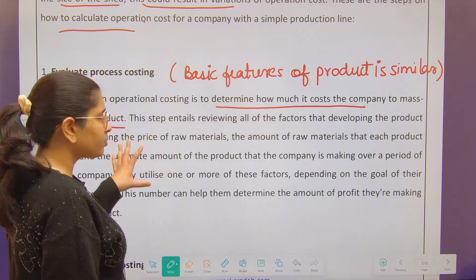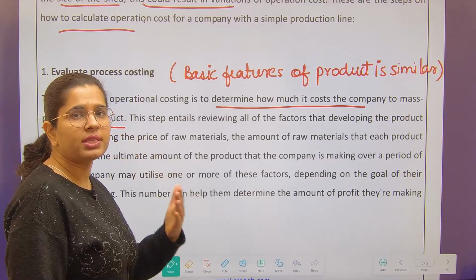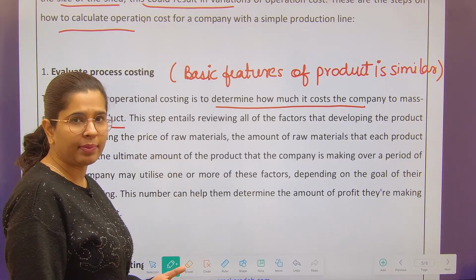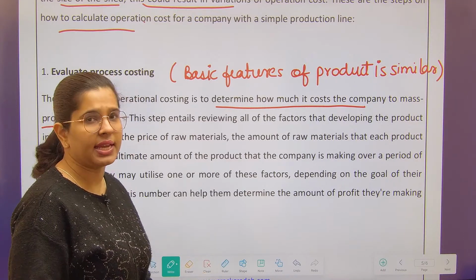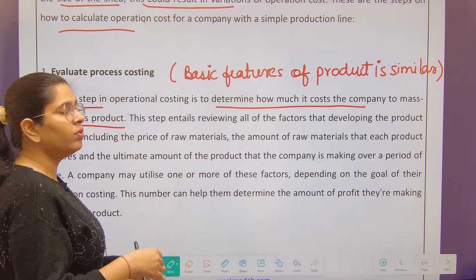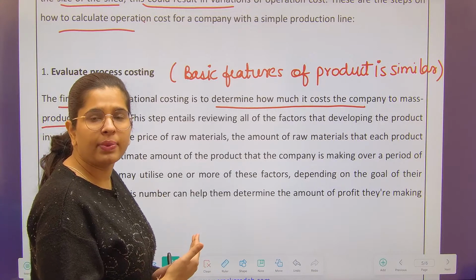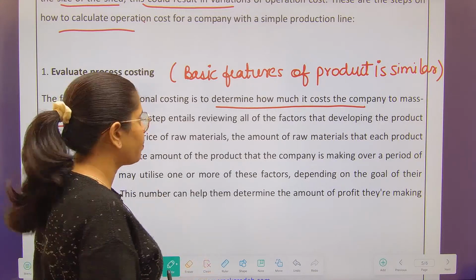So you have to find out what is the direct material, what is the direct labor, and what are all the other expenses that have been incurred in order to manufacture that particular item in this process.